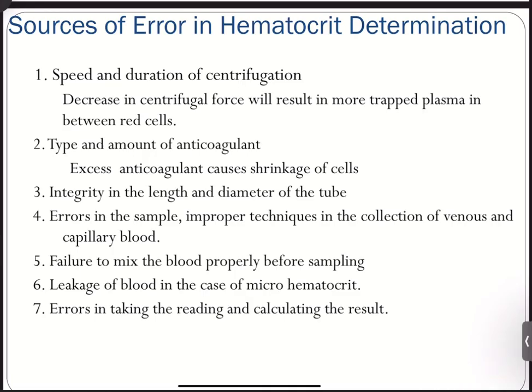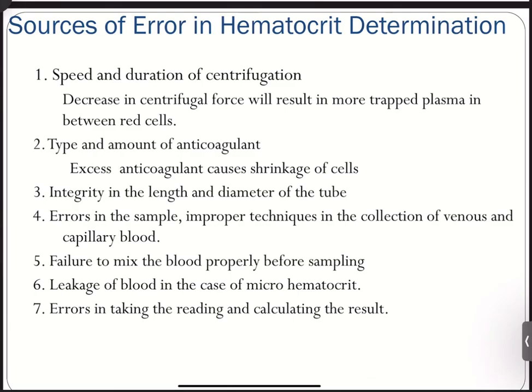Thus, we do have a specific time and speed for your hematocrit method. Then the type and amount of anticoagulant being used, shrinkage and swelling of the cells can affect the hematocrit determination.